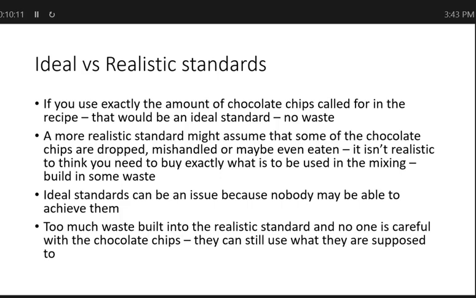Every chocolate chip we buy is going to be utilized. Maybe a more realistic standard might assume that some of the chocolate chips that we buy are not going to get all the way into the cookies because they were mishandled, dropped, contaminated, maybe even eaten. It's probably not realistic that every single one of them is going to get there.